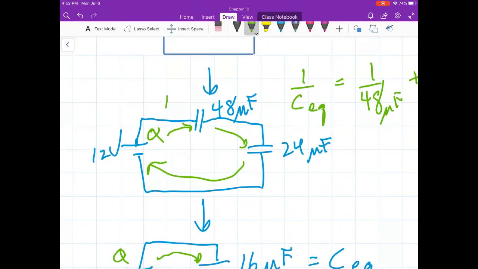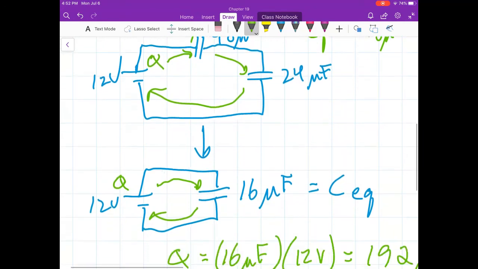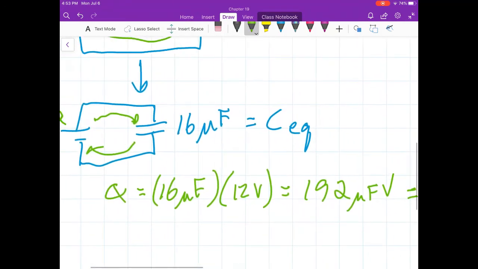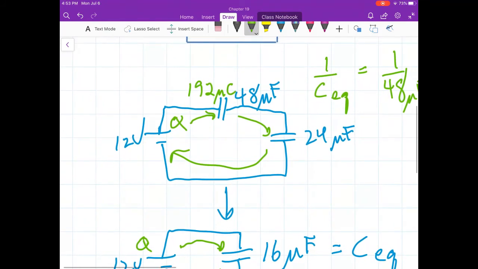So this has 192 microcoulomb. I'm sorry, it should be a coulomb, not an F. Microcoulomb. And in series, this one will also have 192 microcoulomb.